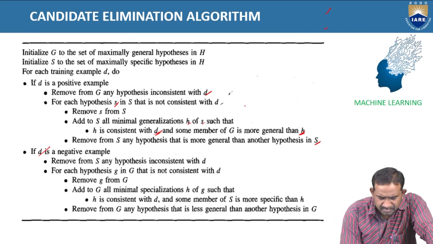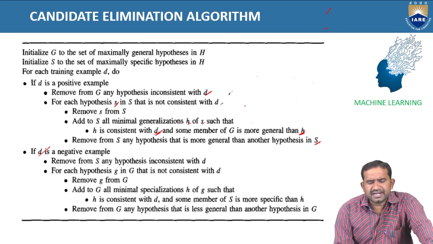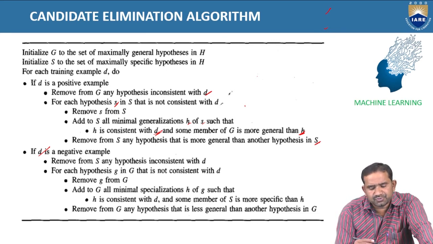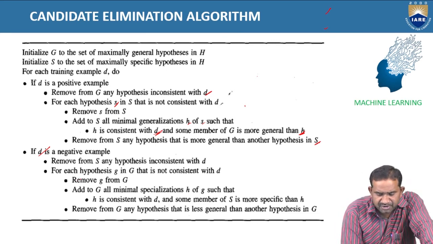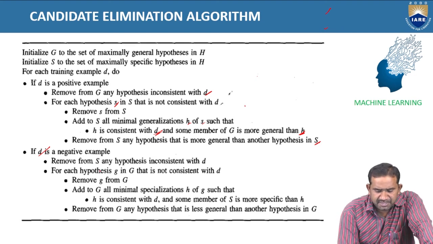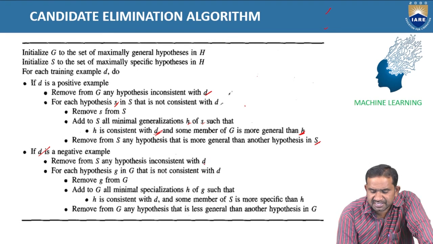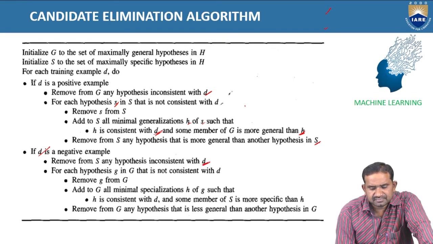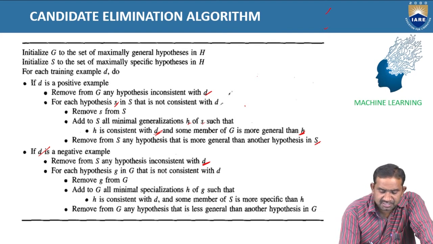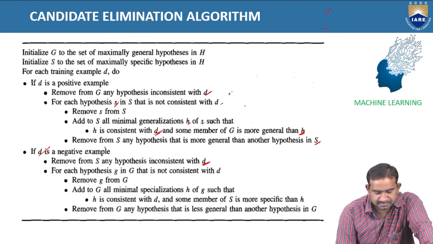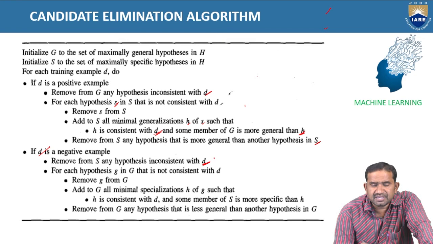If the given training example is negative, remove from S any hypothesis that is inconsistent with the training example, that is, remove the specific hypothesis that is inconsistent with D.